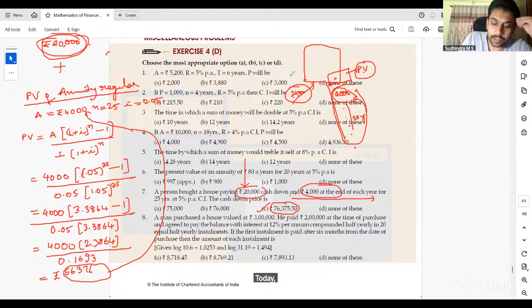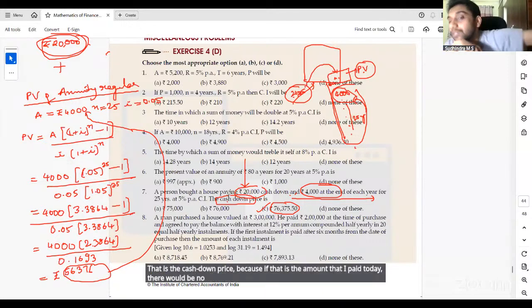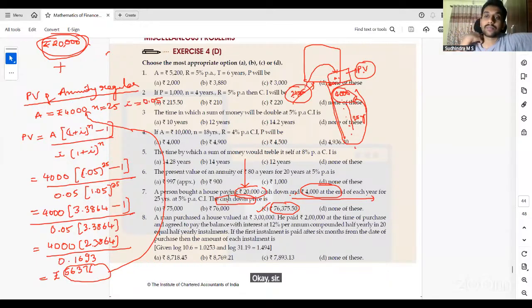Today itself. What is the present value of today's money? 20,000 itself. So this plus this present value, if I add, that is the cash down price. Because if that is the amount that I paid today, there will be no further amount payable in future. Okay, sir. Got it.